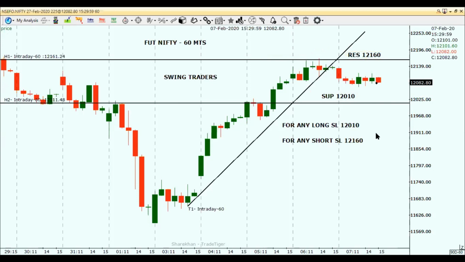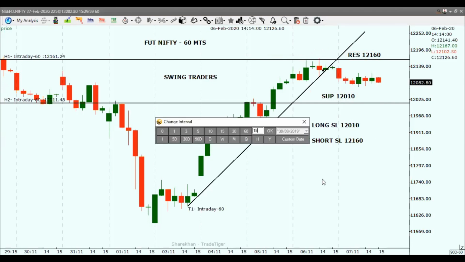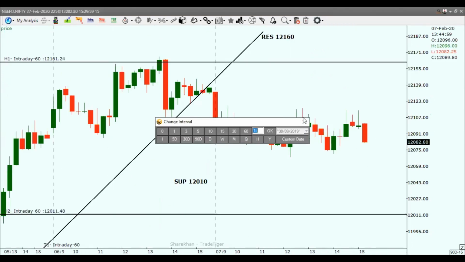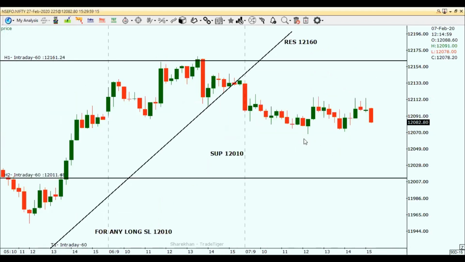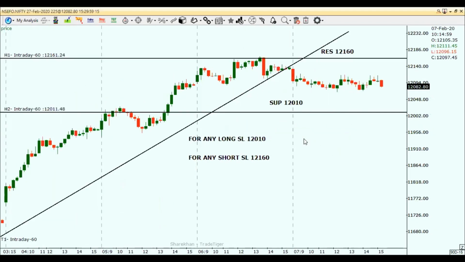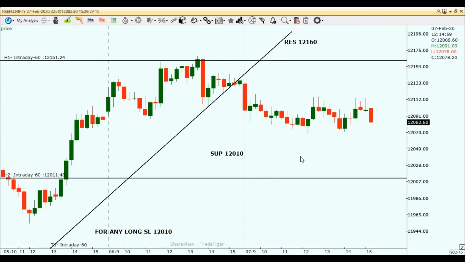Now I am going to change this to a daily trade time frame. I change this into a 15-minute chart to understand where we can initiate long or short for Monday. Today, if you look, the price was moving in a very, very narrow zone.